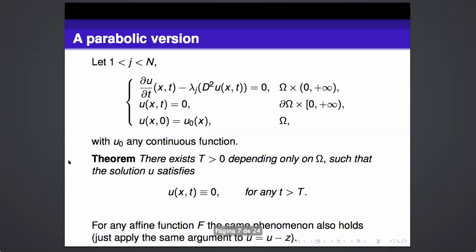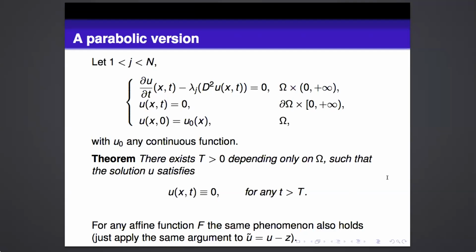Something extra, and a little surprising for me at least, is that when j, the index of the eigenvalue, is not 1 and not n, then the evolution problem attains the stationary solution. If you take boundary data equal to 0, the stationary solution is identically 0, but it is attained in finite time.